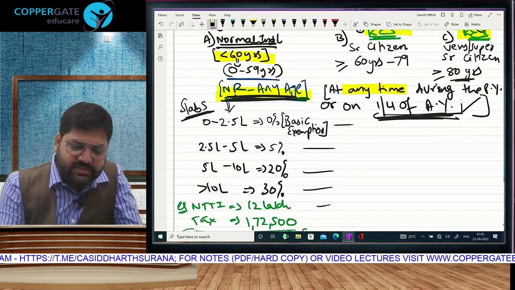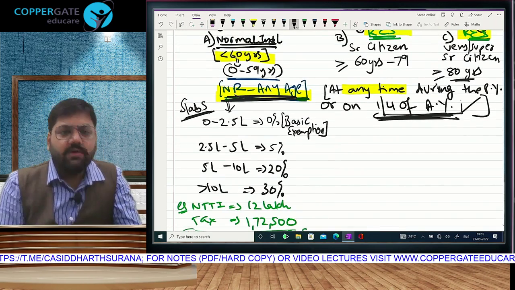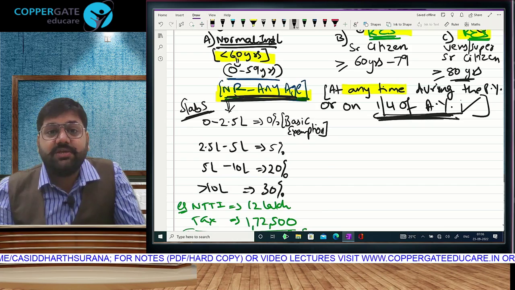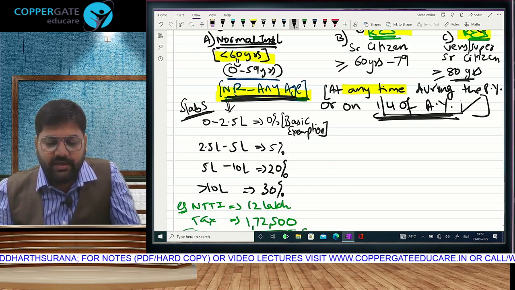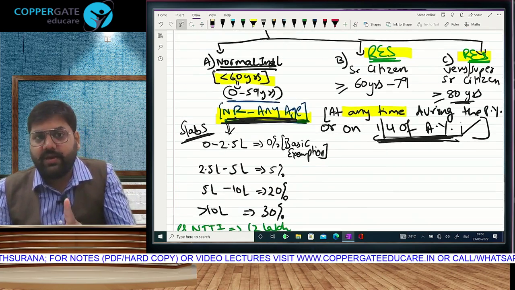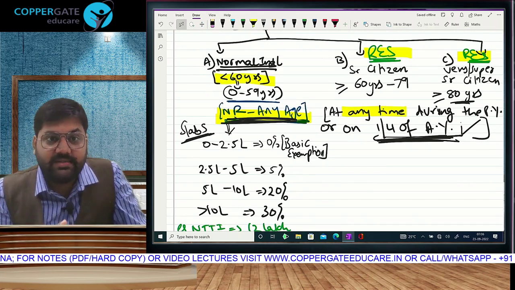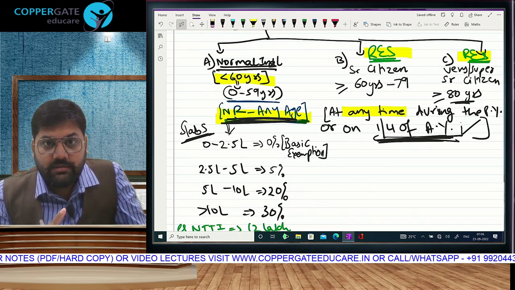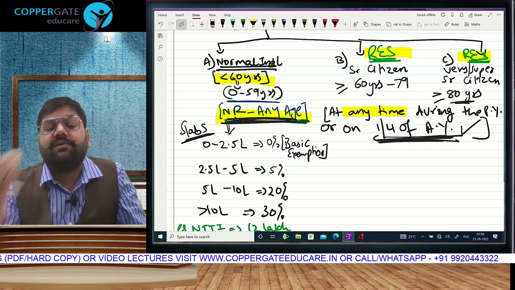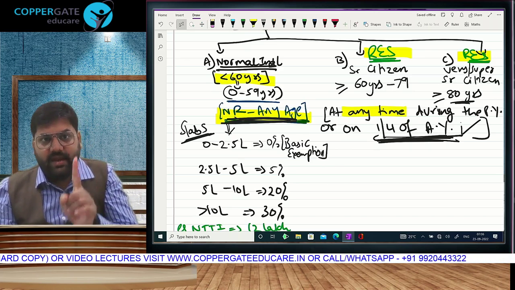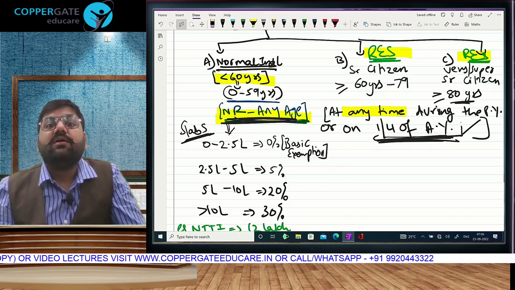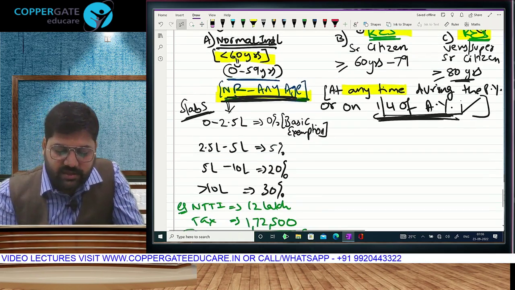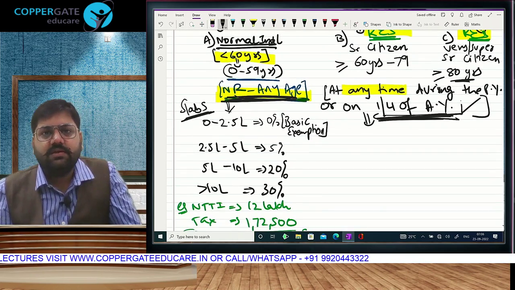Let's see, once I move to category B, what is going to be the change in my tax calculation. Category B, just a quick recap, 60 to 79. Is exact 60 covered? Yes, but exact 80 not covered. That will go in category C. Exact 60, but only if resident. What is the change? You have become senior citizen.